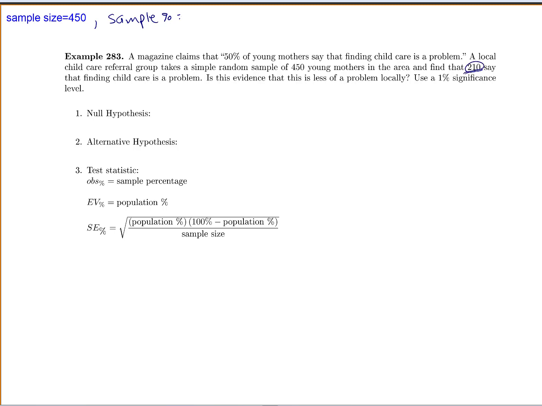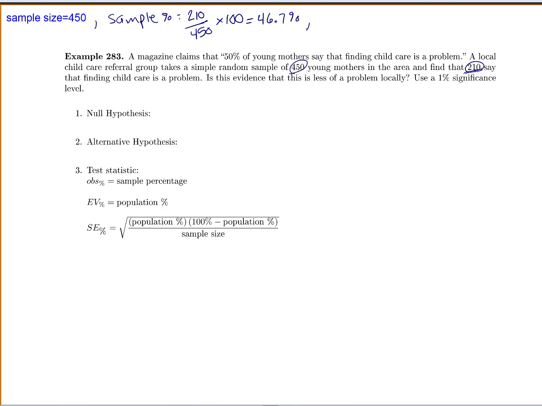There were 210 people that said it was a problem out of 450. So you put in your calculator 210 divided by 450, times 100 to make it a percentage. And that's going to give you 46.7%.